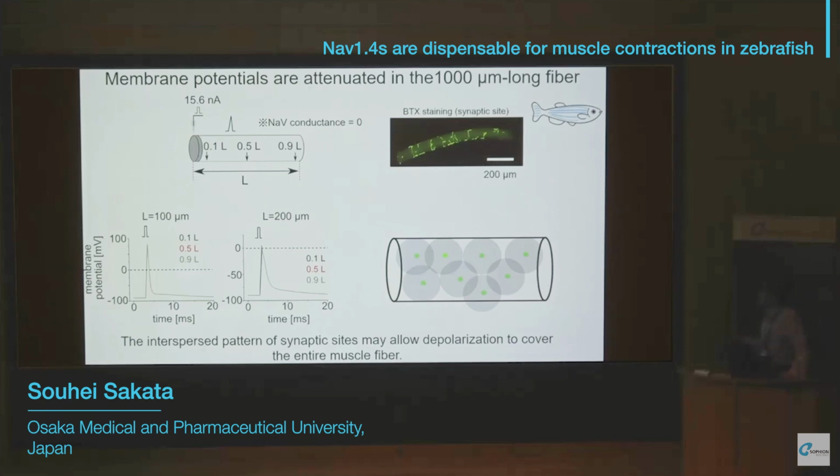The simulation said that depolarization spreads in a radius of 100 or 200 micrometers around the synaptic site. So if these scattered synaptic sites can cover all of the fiber, it may contract without a sodium channel, I suppose.